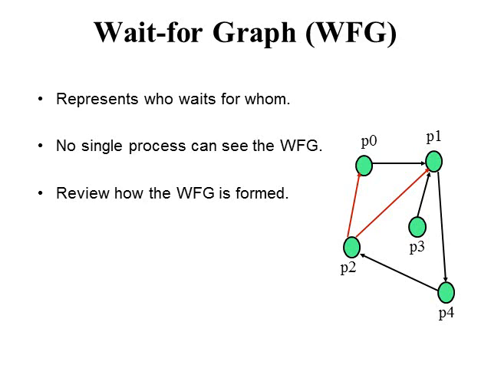In the figure given on the right hand side, we see a wait for graph where process P0 is waiting for process P1. Process P1 is waiting on process P4. Process P4 is waiting on process P2.